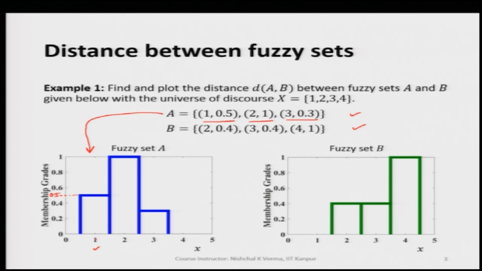It means that at 1 we have a 0.5 membership level, so we have drawn a line over here at the level 0.5.